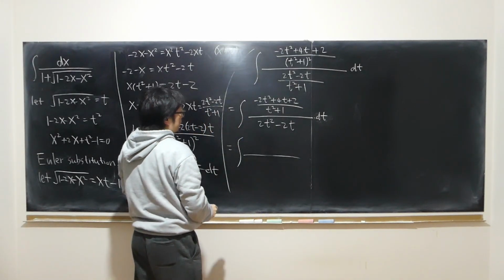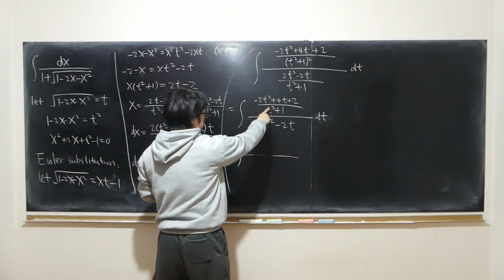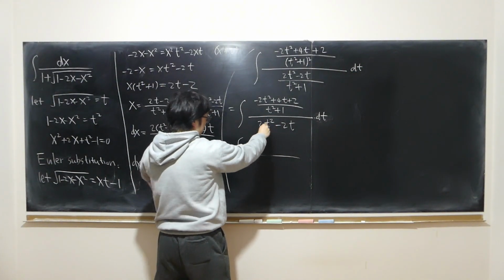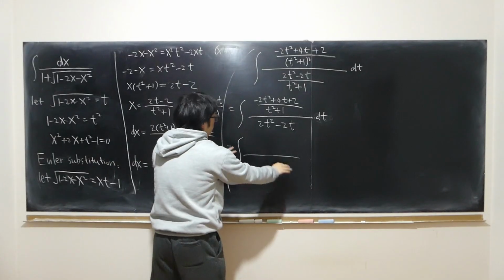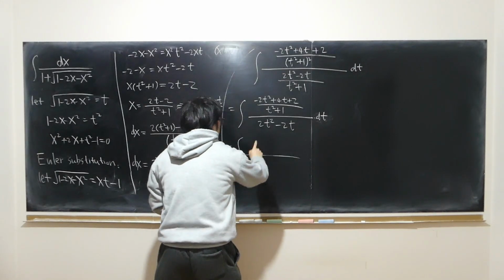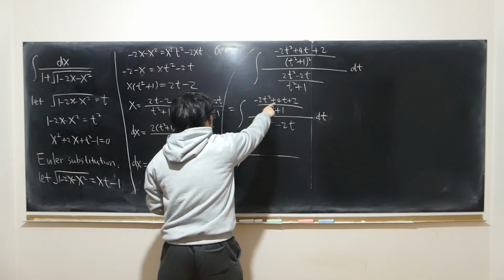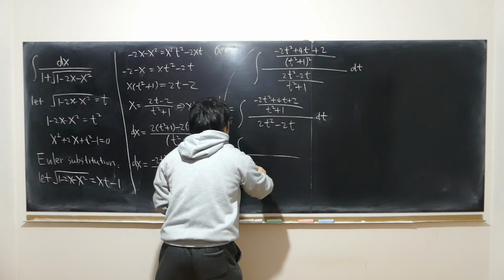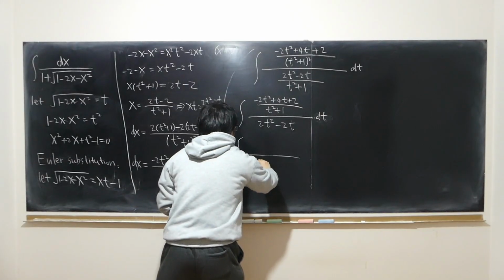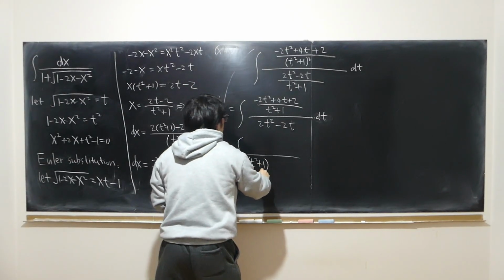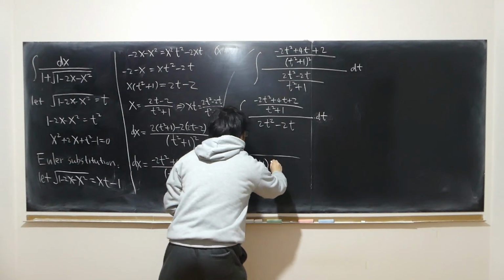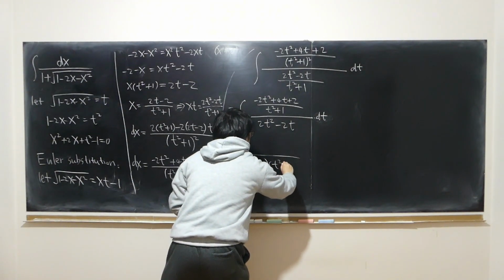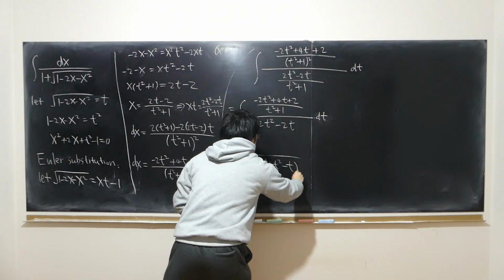Both of them are sitting at the bottom, the 2's are gone. This becomes t squared plus 1 multiplied by this one without the 2, so t squared minus t.